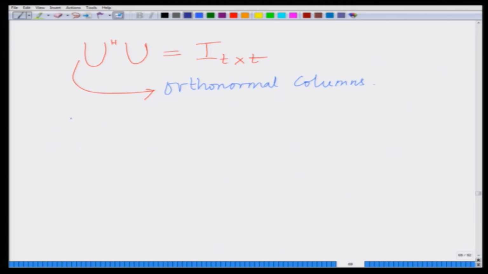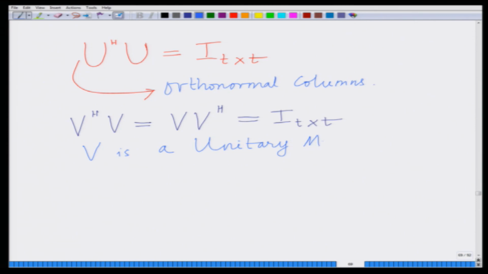So the matrix V is such that V Hermitian V equals V V Hermitian equals the T cross T identity matrix, and this matrix V is therefore also known as a unitary matrix.